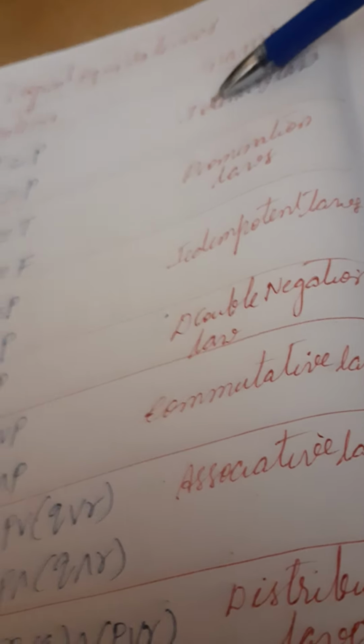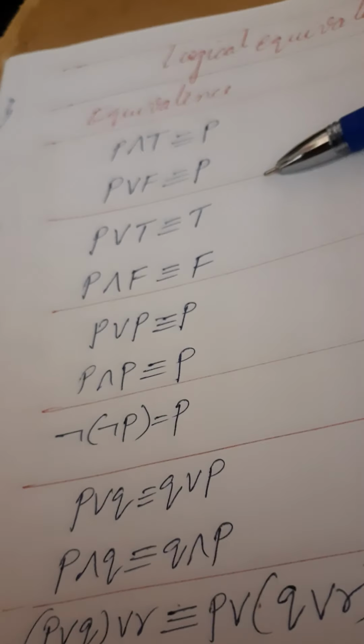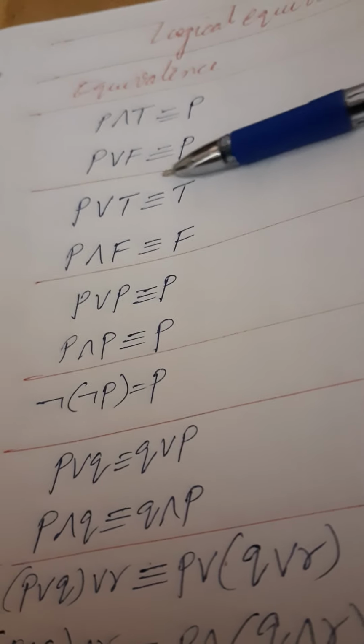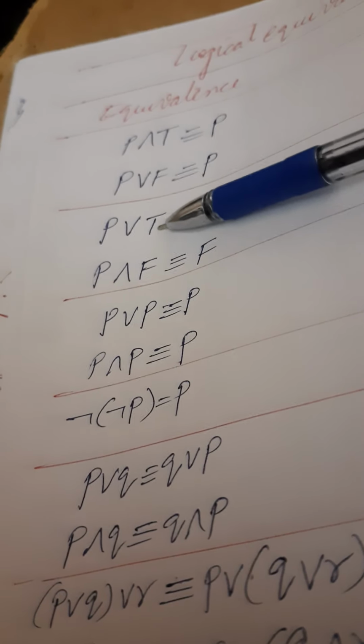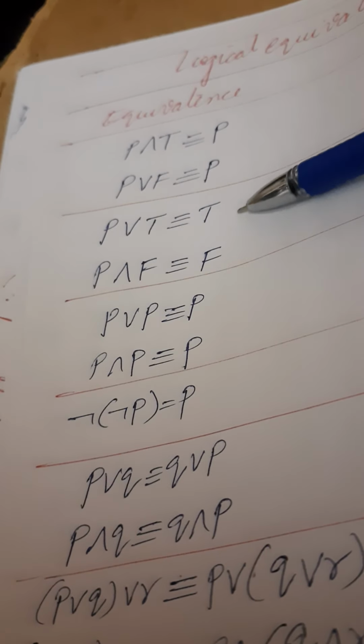Okay, next, the second one is domination law. What is domination law? Whatever we take in place of P, we are not getting P. P or T, P or true, P plus true means true only.